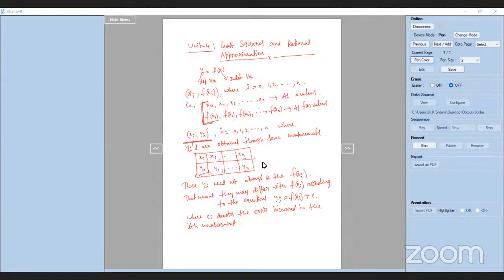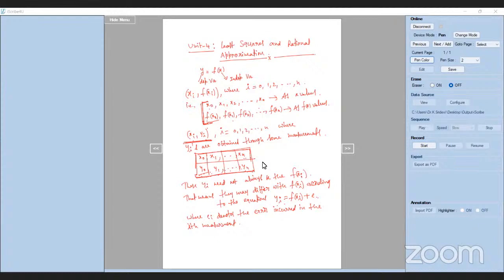So it is enough that we consider an approximate function whose graph is close to the graph of the function related to the given data points.